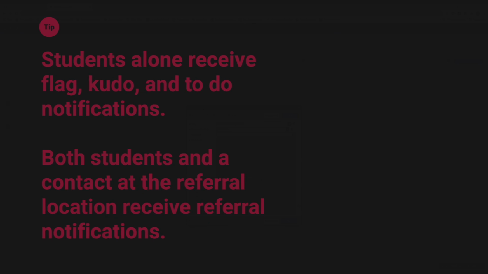Flags, kudos, and to-dos go directly to students, and referrals are sent to both the student and an identified contact within the referral location, all using their MPC email addresses.